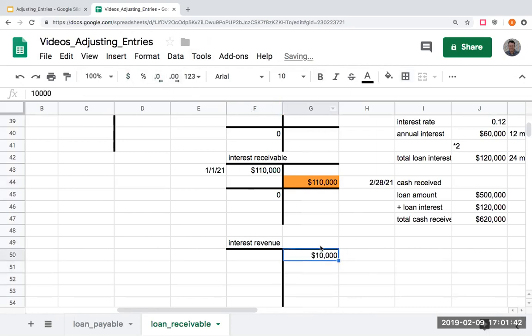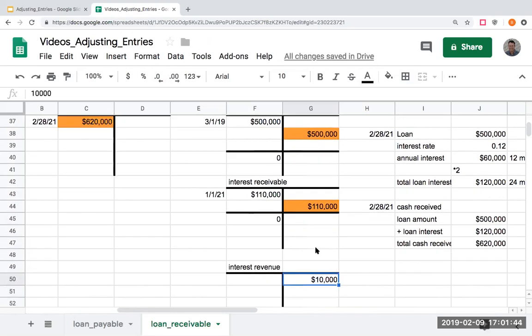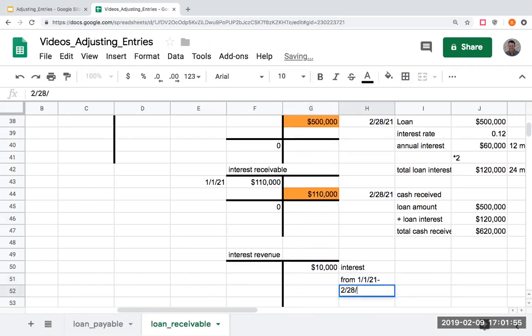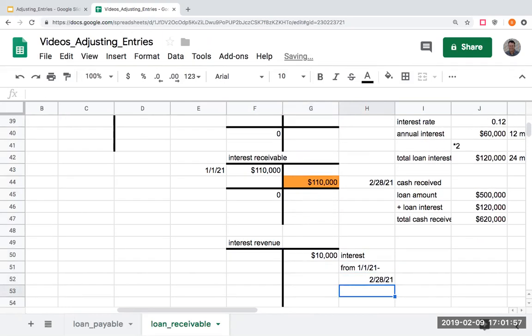This revenue represents the amount of interest from 1/1/21 through 2/28/21, or those 2 months. Let's see if that number is correct.